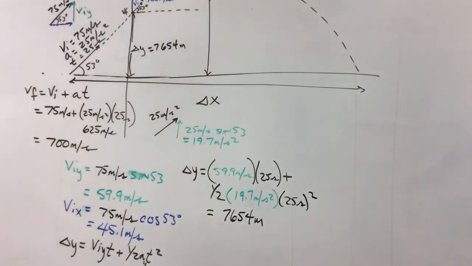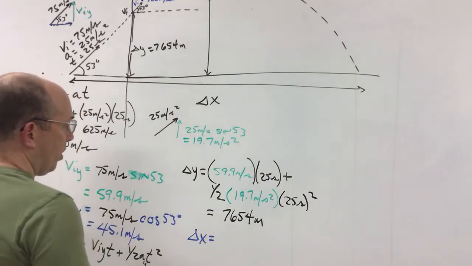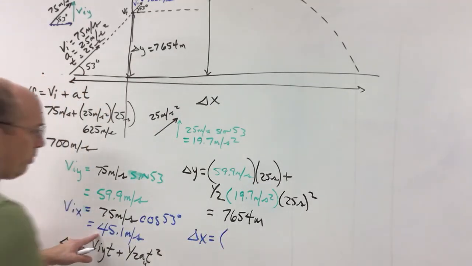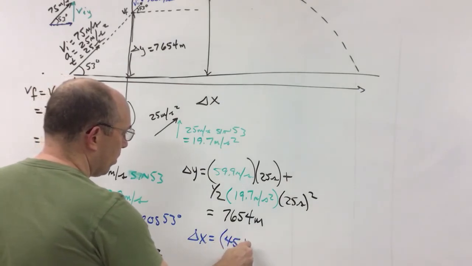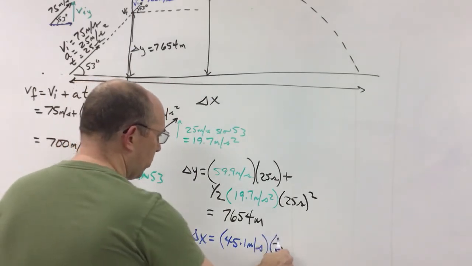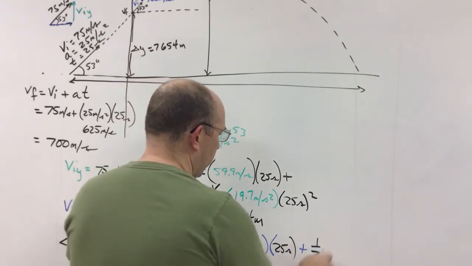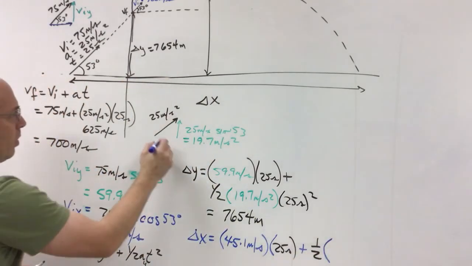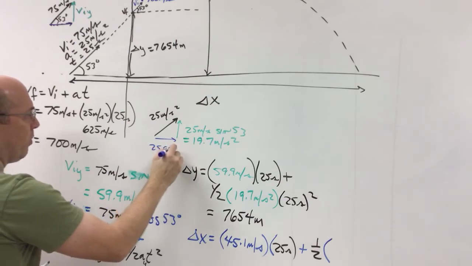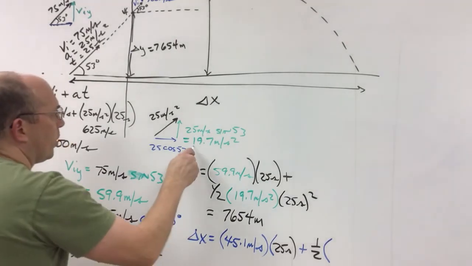Okay, I can also find my horizontal distance. That's going to be my velocity in the x direction, 45.1, times the time, 25 seconds, plus 1/2 the acceleration in the x direction, so that would be 25 cos 53, 15.0 essentially.